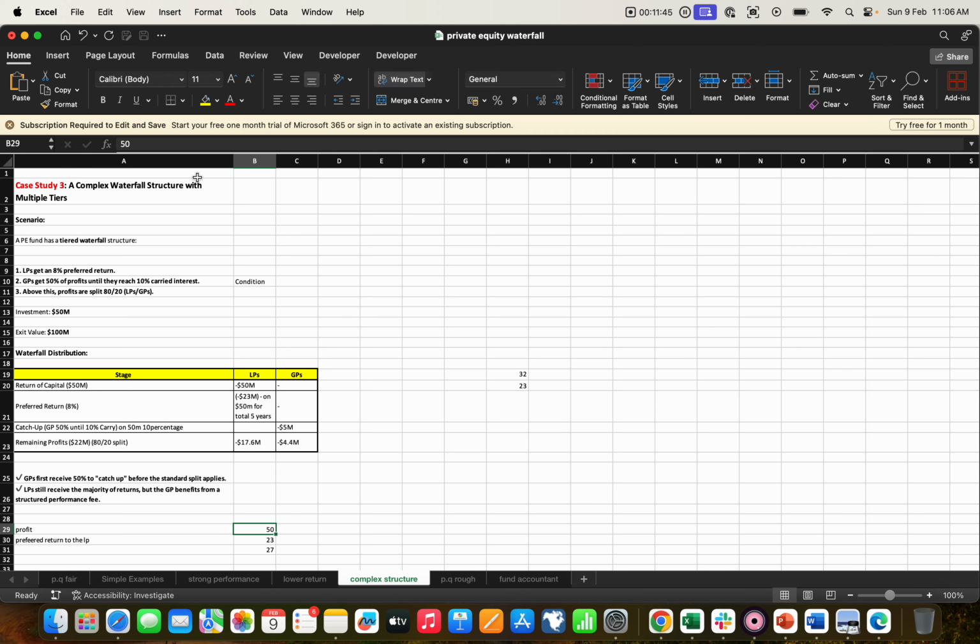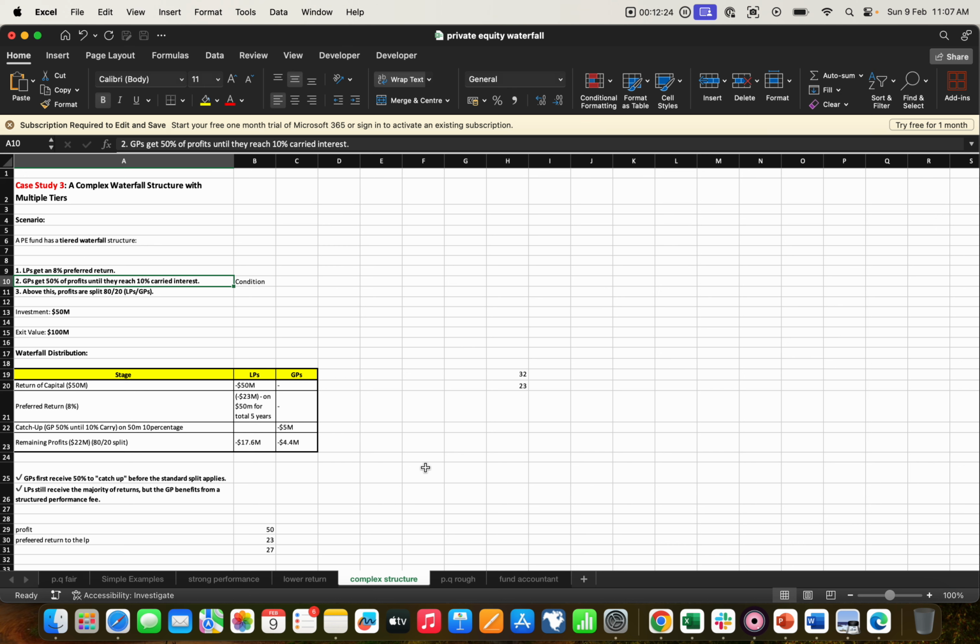So here the term is that the GP gets 50% of profit until they receive 10% of carried interest. So the GP receives the profit. How did we calculate this? This calculation is called catch-up. So catch-up: GP 50% until 10% carry on the 50 million. So on 50 million, the 10% goes directly to the GP, because this is the agreement between them.